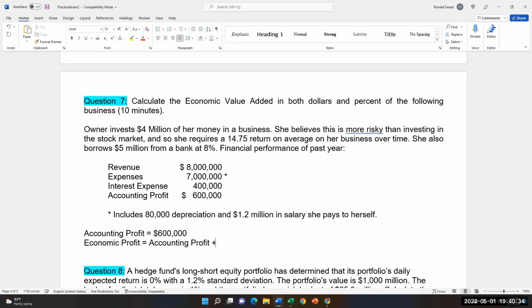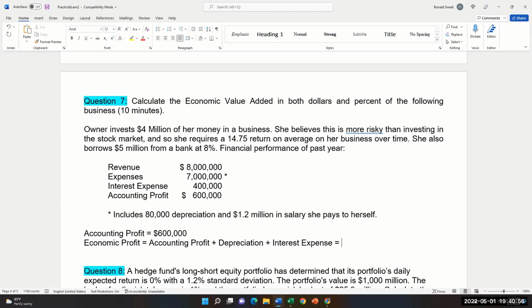For our purposes, we're going to add back depreciation. We're going to add back interest expense. We add back depreciation because it's not considered an economic expense. It's just a random allocation over time. We're adding back interest expense because our economic profit doesn't include anything that's cost of capital.